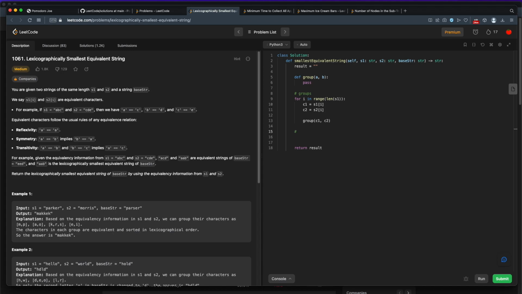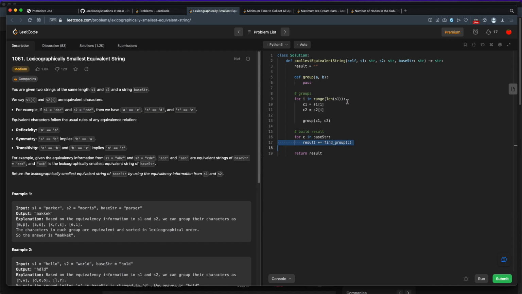And then once we have our groups, we have to build our result. So for every character in our base string, we need to append the equivalent character. So we'll find the group for that character and append the equivalent character for that group into the result.